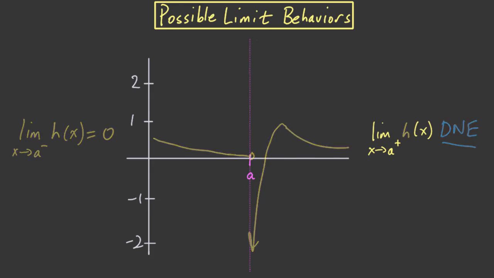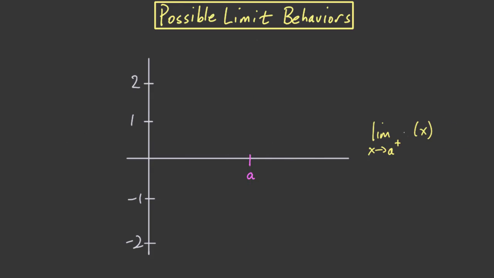But in the last function that we gave you, which we called j, that was something that was even more bizarre. So there we had a function, and it didn't get very big, either positive nor negative. In fact, I don't know if you noticed, but it was always between the values y equals 1 and y equals minus 1. But it never settled down.